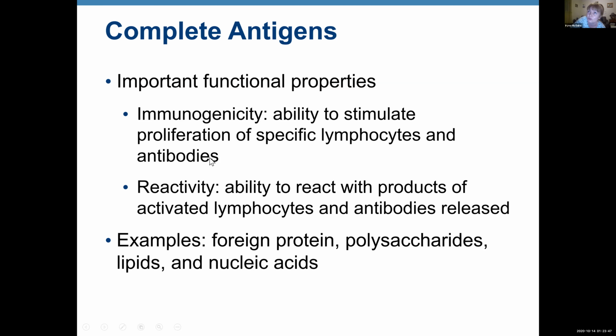Antibodies, of course, do not use mitosis, only cells can. Lymphocytes will divide, and a special type of lymphocytes like plasma cells will secrete antibodies. A complete antigen also has reactivity, the ability to react with products of activated lymphocytes and antibodies released.